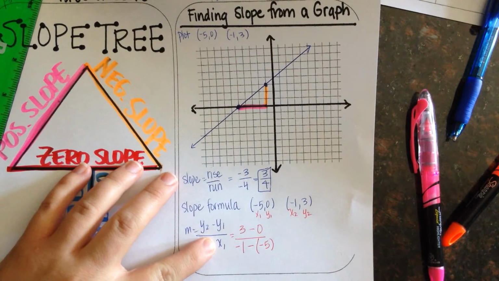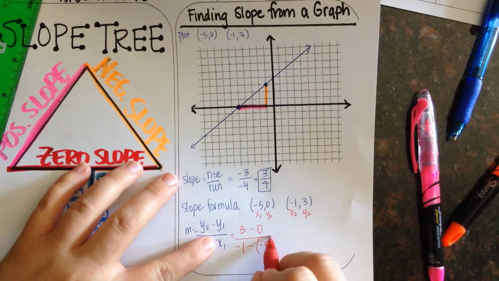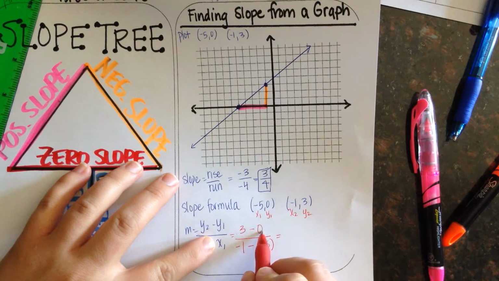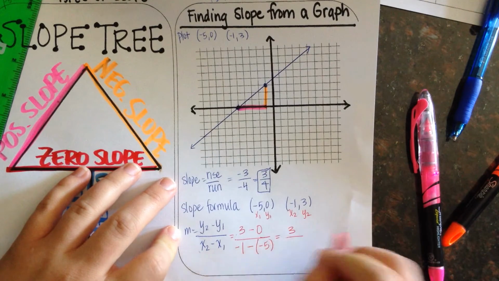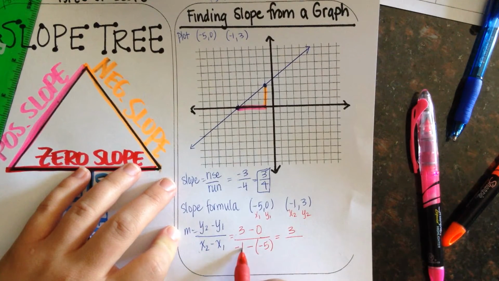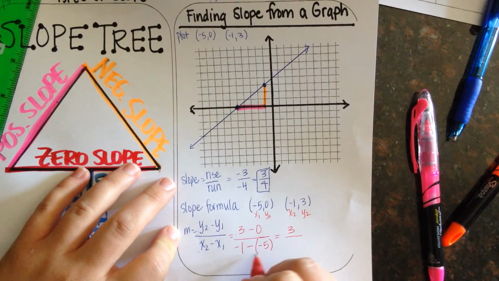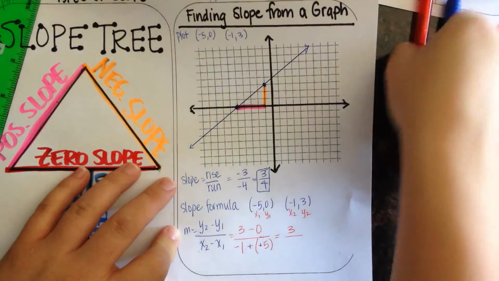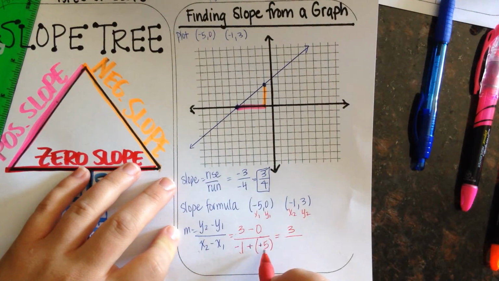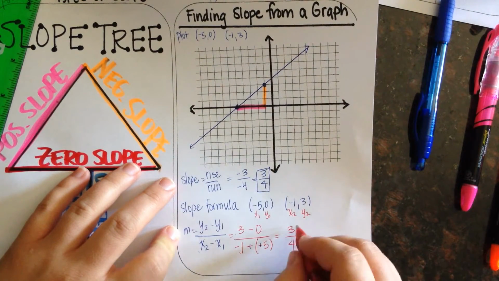Now this is what I said earlier about watch your negatives, okay? And so on the top, if we simplify this, 3 minus 0 is 3. On the bottom, -1 minus -5, these two in the middle end up turning positive. And so -1 plus 5 is a +4.